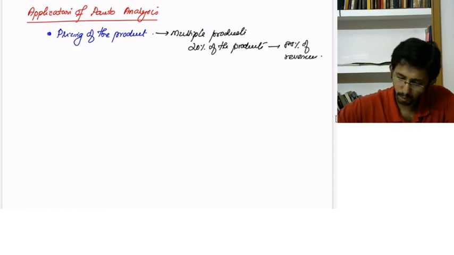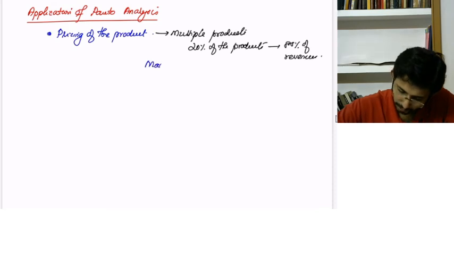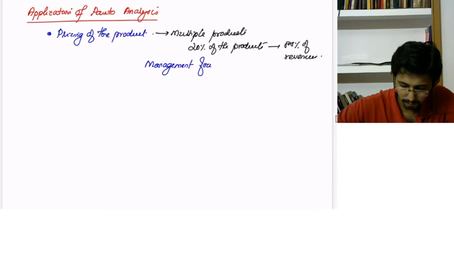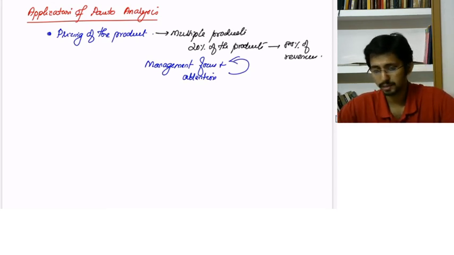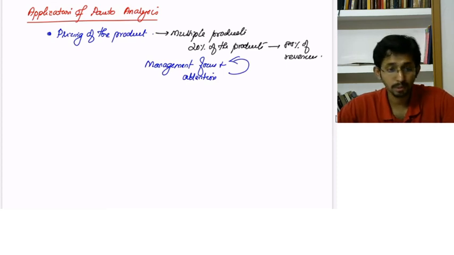Okay, so what you have to do, management focus and attention should be diverted to this 20% of the products alone. And the balance 80%, you don't have to spend too much time on that.